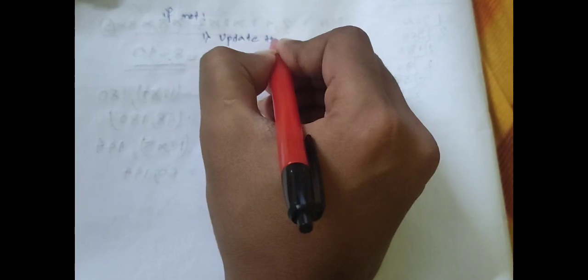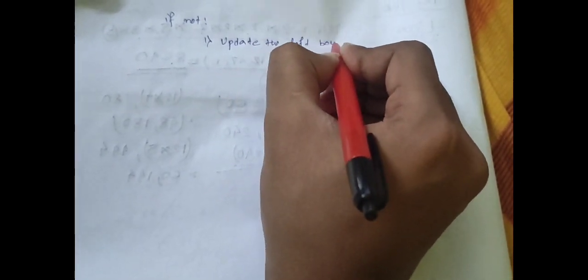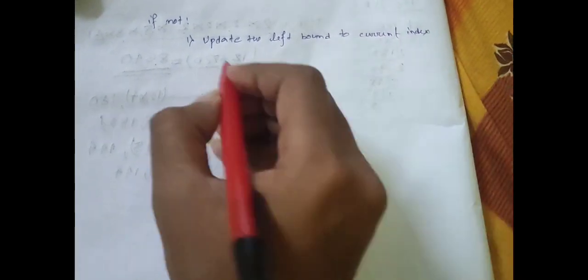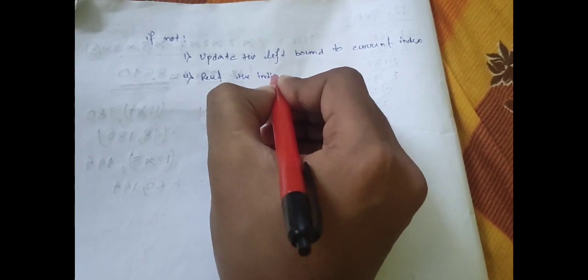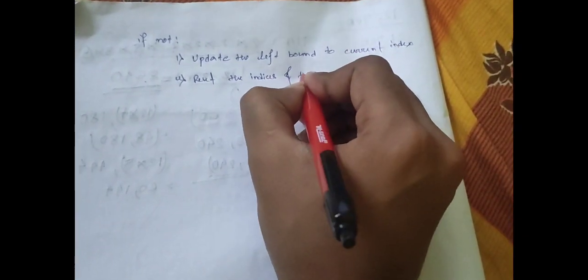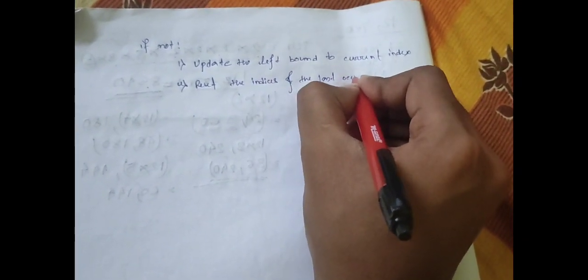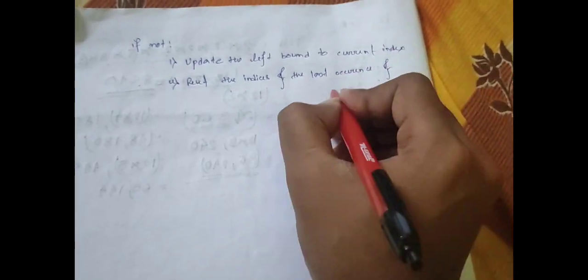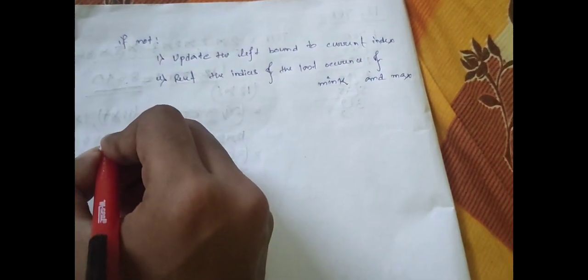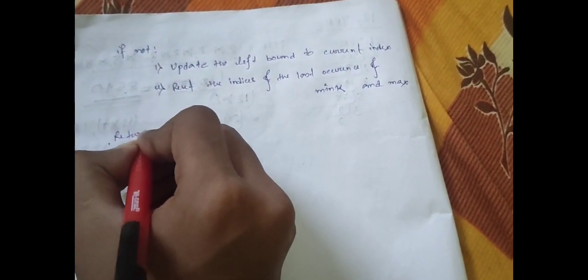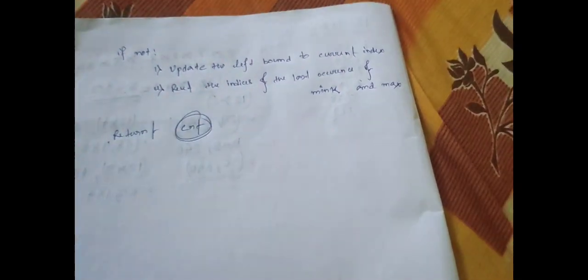Okay, if not, what we do is simply update the left bound to the current index and reset the indices of the last occurrence of minK and maxK, and at the end just return the count. Okay, count.